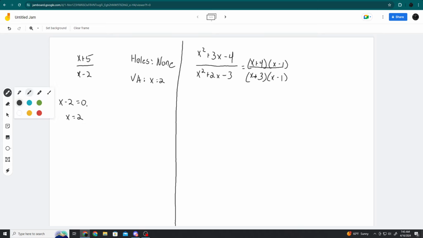So what's going to happen is we're going to cross these out. These are going to cancel each other. And we're going to be left with just a fraction of x plus 4 over x plus 3.